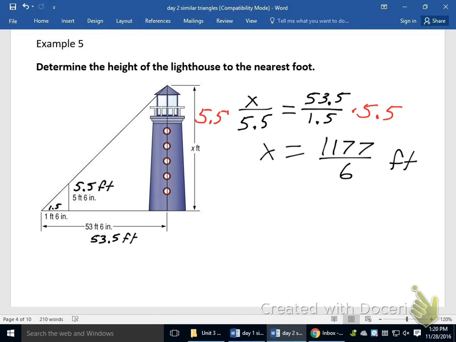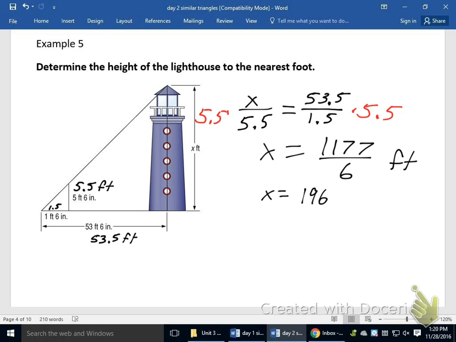However, if you want to know what that is as far as feet and inches go, that is 196 feet. And you can get your calculator to switch it into a mixed number. But anyways, 196 feet. 6 goes into 1,177 196 times.